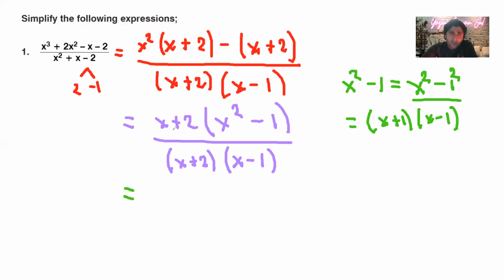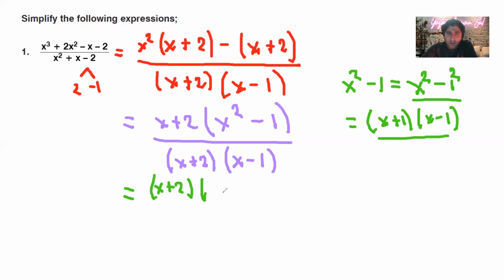Okay, x plus 2, I'm going to put it also in bracket, times, now instead of this part, x squared minus 1, we said I'm going to write this, okay?